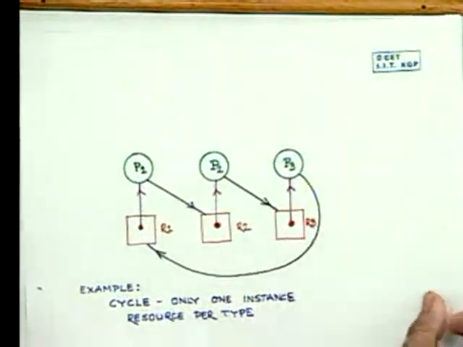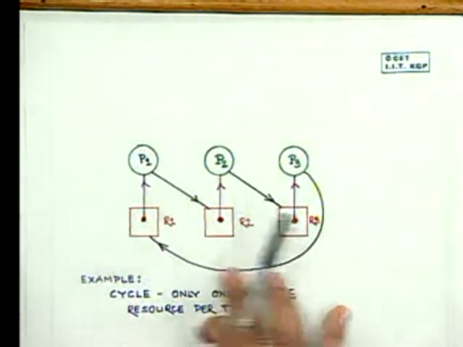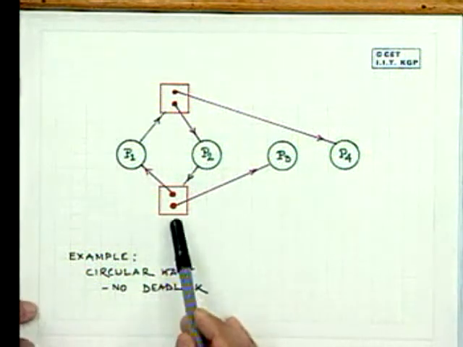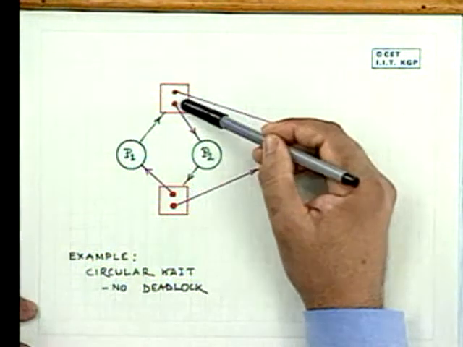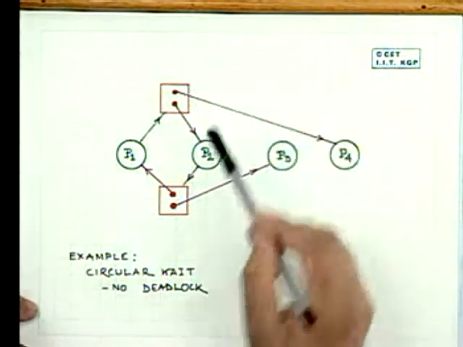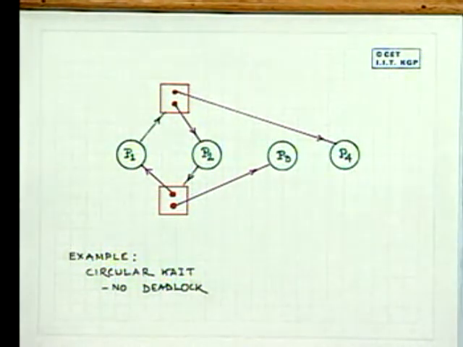Now, a circular wait may not lead to a deadlock when there are more than one instances of a resource, and that has been shown by means of this diagram.